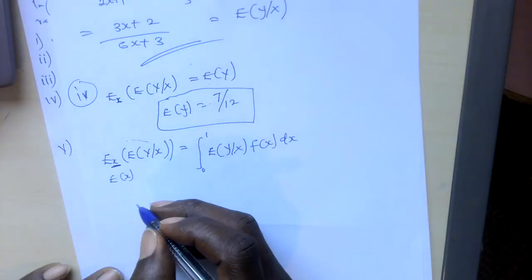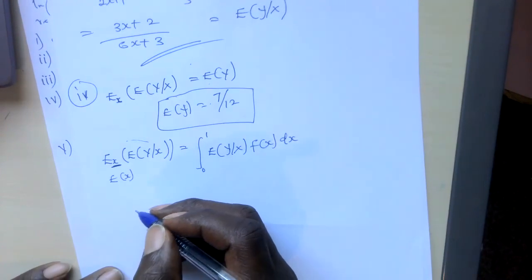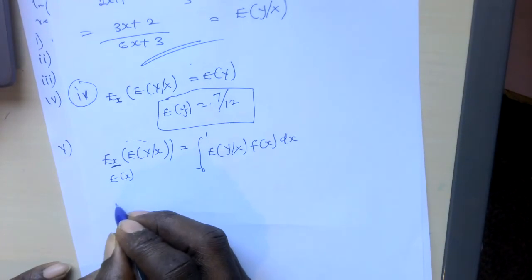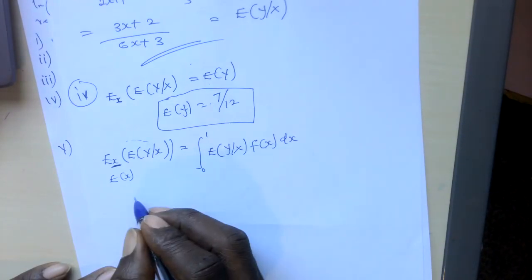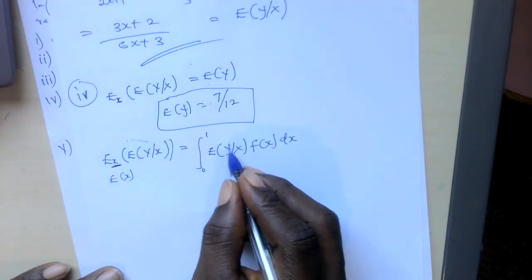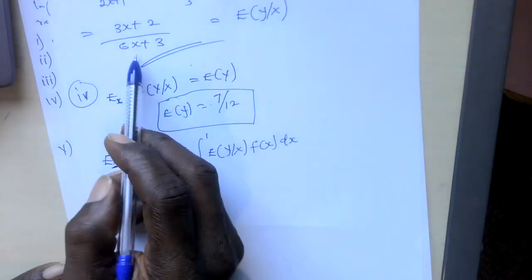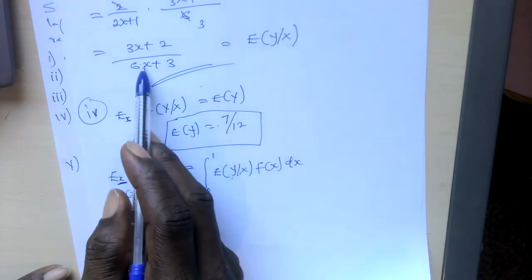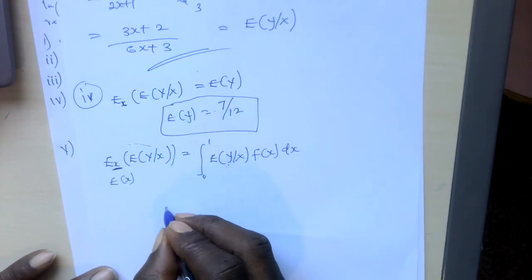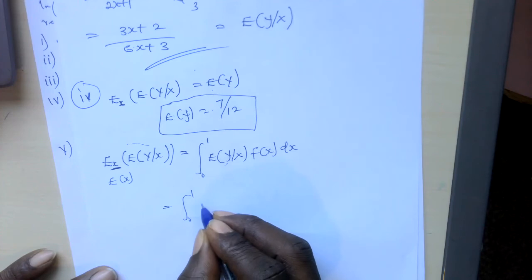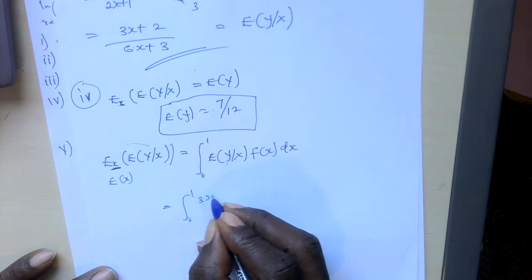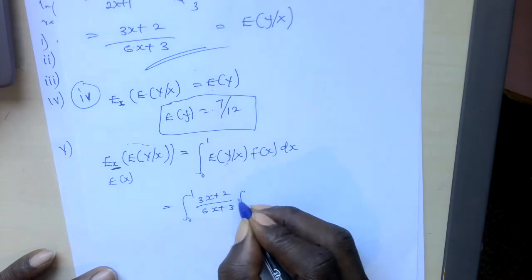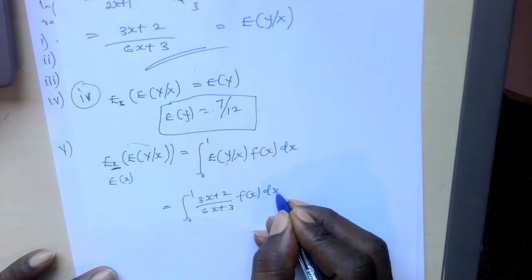With that, we know this is what we have solved earlier. We solved the expected value of y given x to be this. So that would be the integral from 0 to 1 of 3x plus 2 over 6x plus 3 times f of x dx.